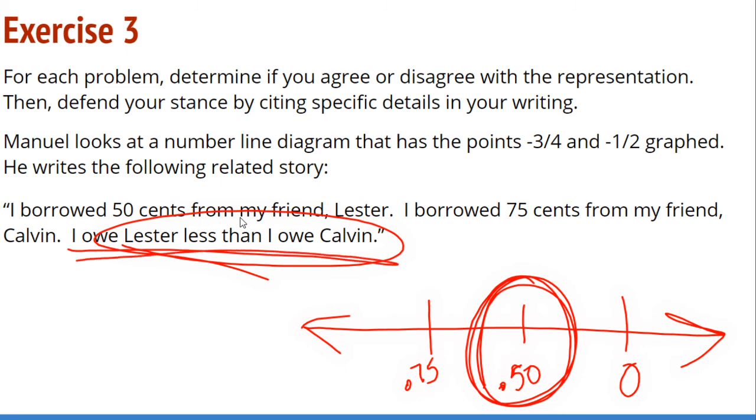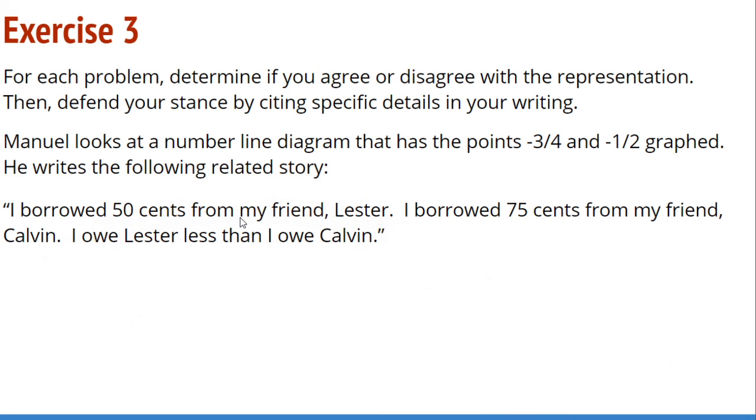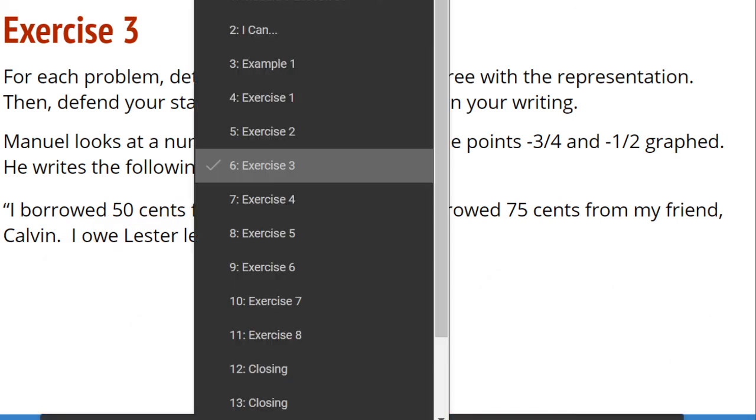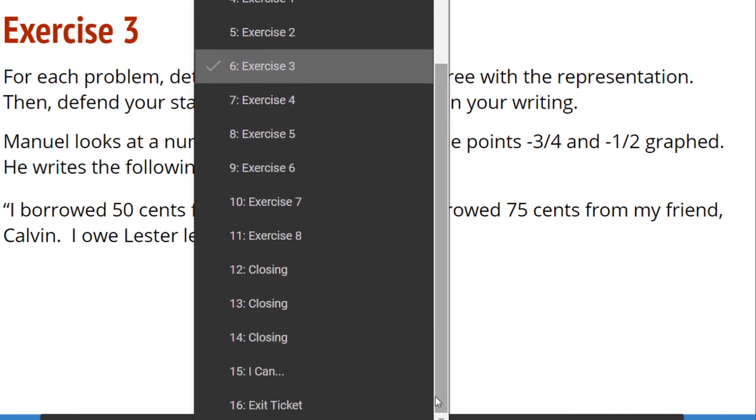I owe Lester less than I owe Calvin. However, if we look at the number line, and if we were putting these numbers just in order from least to greatest on the number line, we would say that -75 hundredths is less than -50 cents. But the real life situation is you want to owe someone less money. So once again, I don't want to confuse things too much, but we do need to think about the context of these numbers, the story that goes with them.